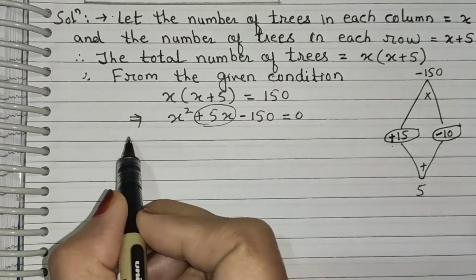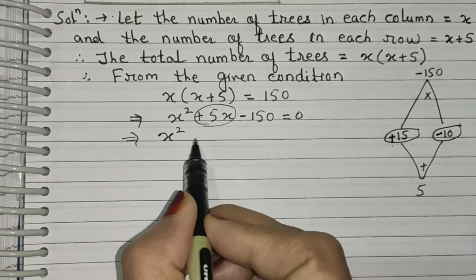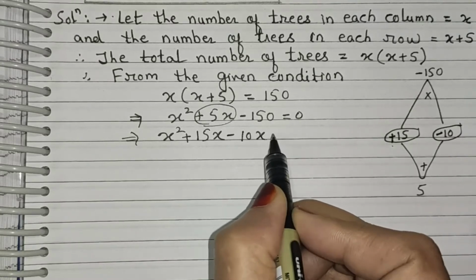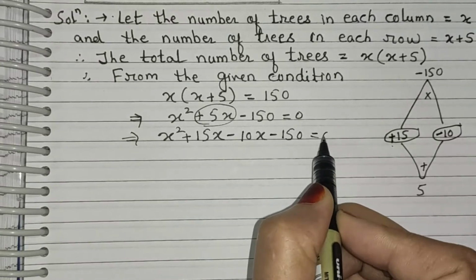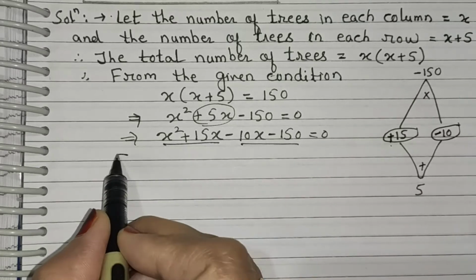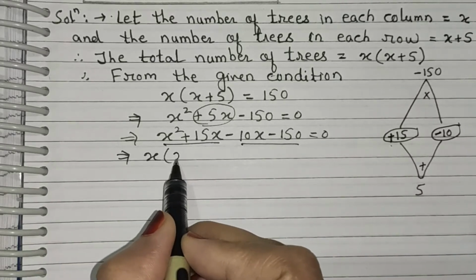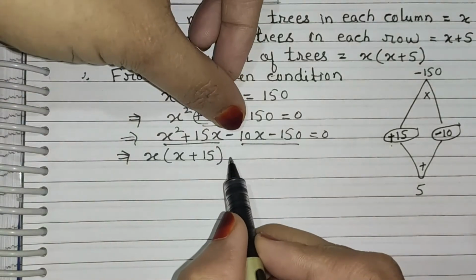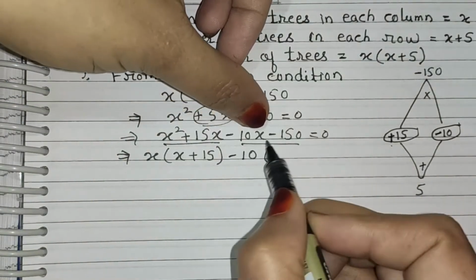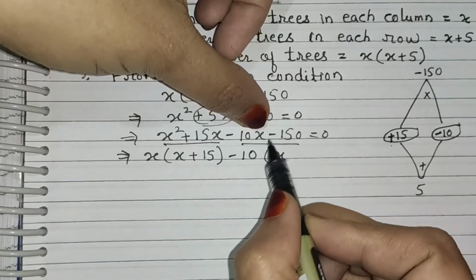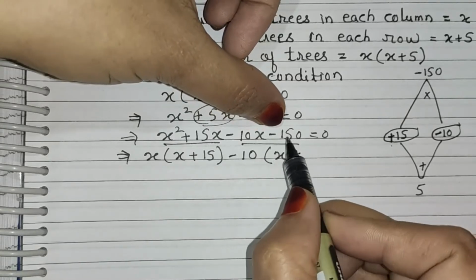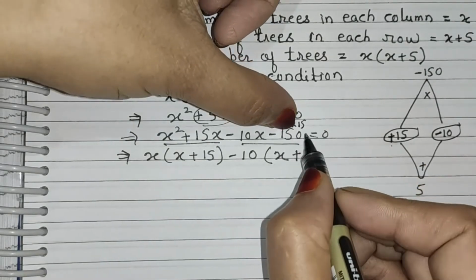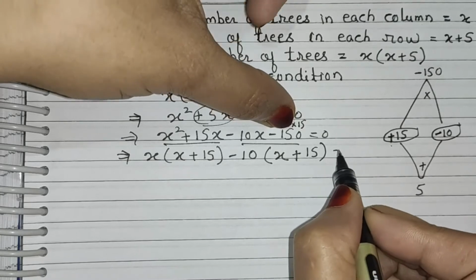Now split the middle term, we get here x square plus 15x minus 10x minus 150 is equal to 0. Making two groups, take out common here, x is common, remaining one is x plus 15. Now in the second group we take minus 10 common. Now remaining one is x, minus is common, plus 150, factors of 150 are 10 into 15. Take out 10 common, remaining is 15 is equal to 0.